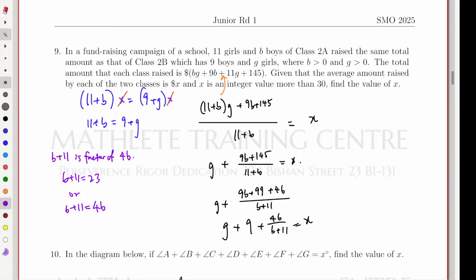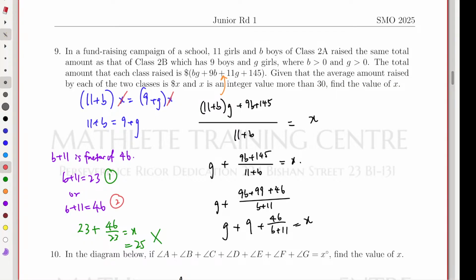Because if b plus 11 equals 23, in the first case here, then g plus 9 being the same thing as b plus 11 will give you the fact that this is 23 plus 46 over 23 equals x. But in that case, x must be 25, which is a value that's less than 30. So this doesn't work.